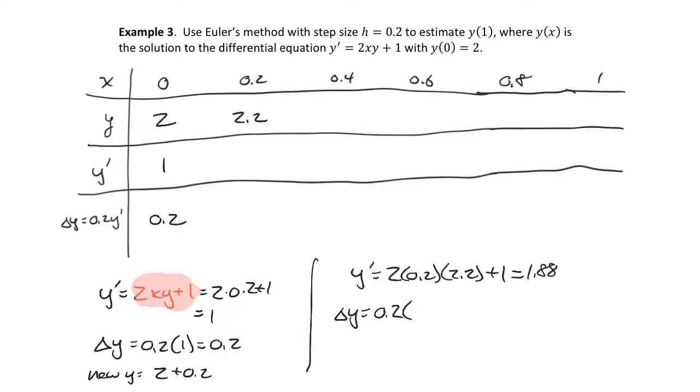That's the change in x, the h value, 0.2 times 1.88, which is 0.376. So let's fill those in. These are easy to fill in. 3.376 here. And now we will add the old y value to the change in y to get our new y value, which is 2.576.